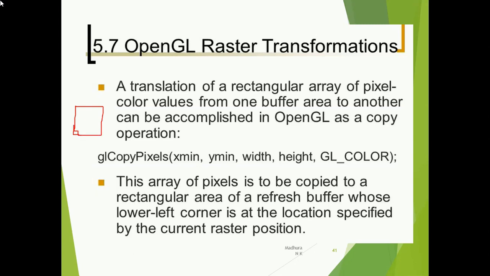This section has an x minimum value and y minimum value, and you have the width and height of the rectangular section being copied, and a certain color for the section. So that color information also you have to copy. That is what this function is going to do.